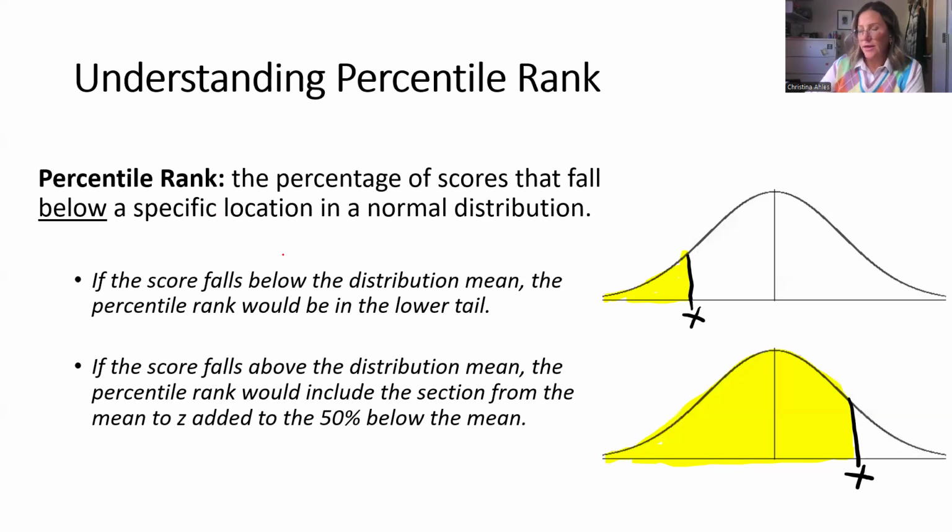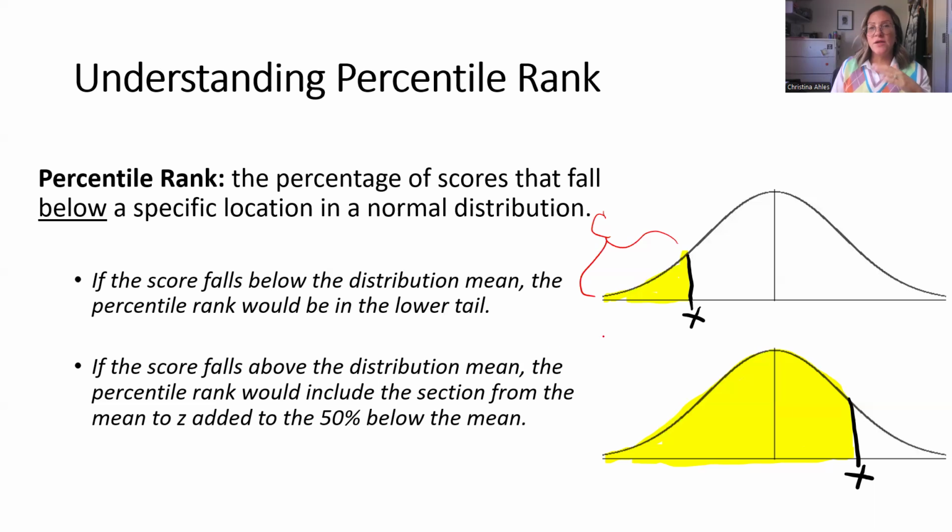So we can also use z-scores and proportion to find percentile ranks. Percentile rank is the percentage of scores that fall below a specific location in a normal distribution, okay? So if a score falls below the distribution mean, that percentile rank is going to be in the lower tail, so you're going to be looking at column C for this.